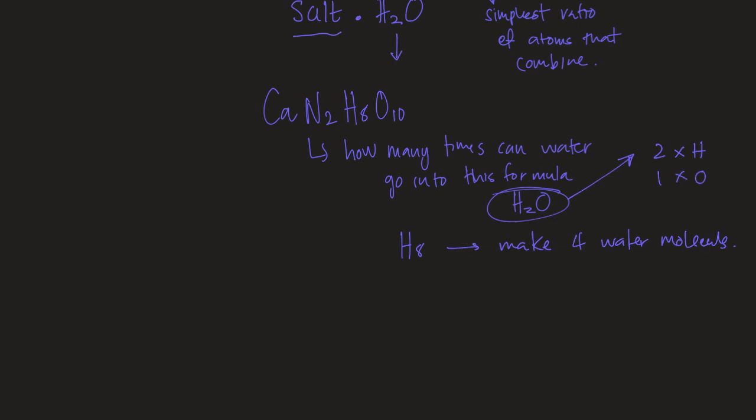So once we eliminate that setup of using all H8, then each 2 hydrogens must use 1 oxygen. So every one of these 4, 1, 2, 3, 4, get an oxygen. So then you have left over for the salt, they get 6 oxygens.